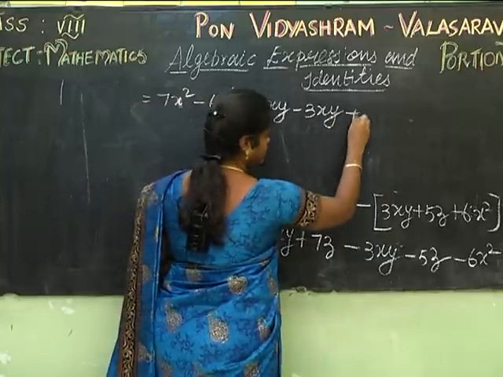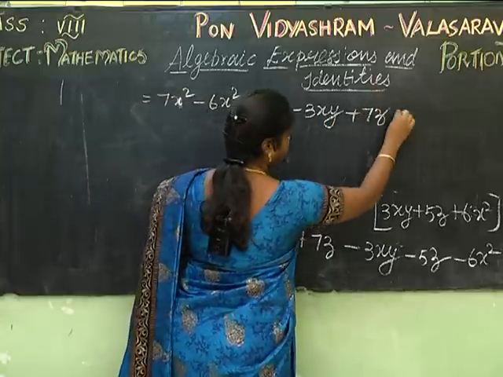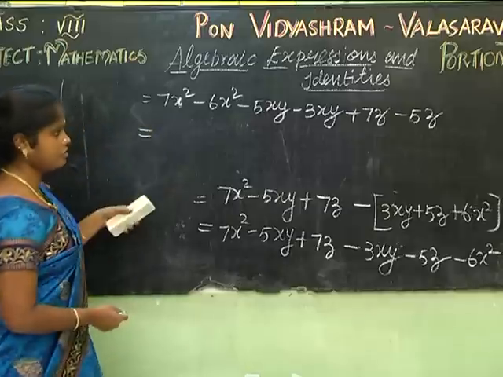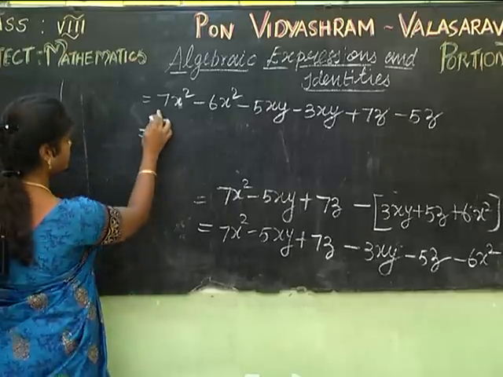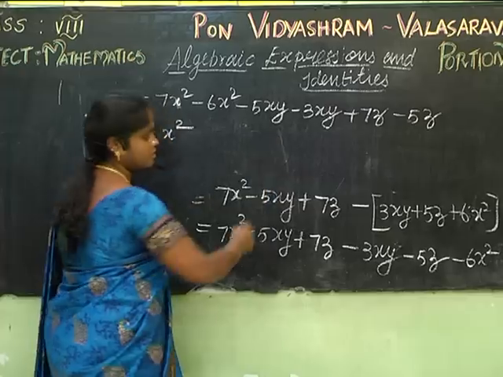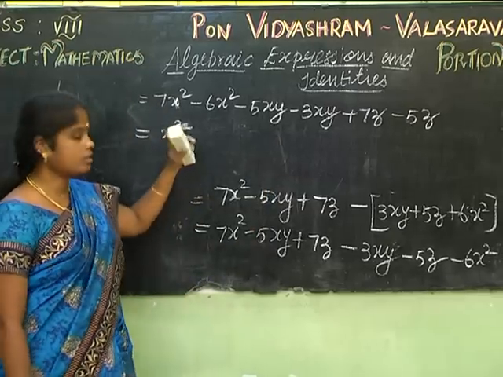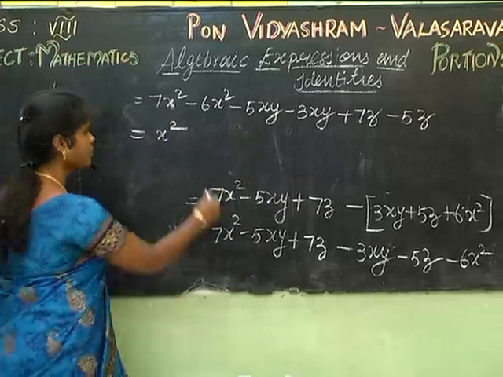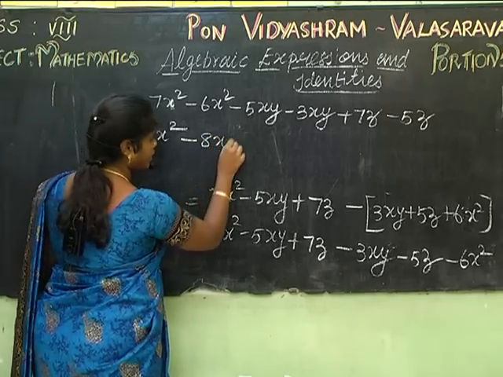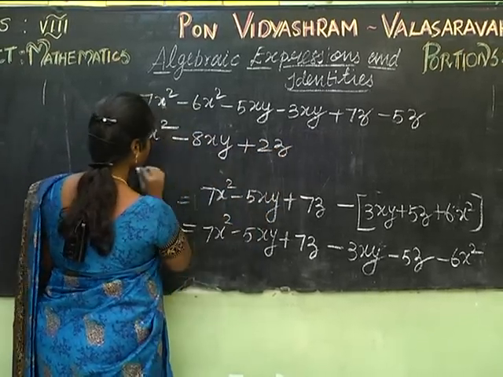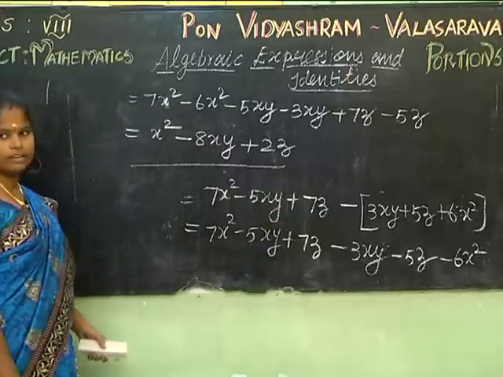Then plus 7z, minus 5z. Now do the addition or subtraction as per the question. 7 minus 6 is x square. Then minus 5 minus 3, this is the integer concept. Terms having the same sign, we put the same symbol. So minus 8xy, then 7 minus 5 is 2z. So this is the final answer.